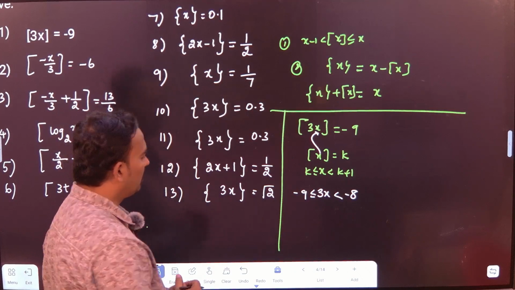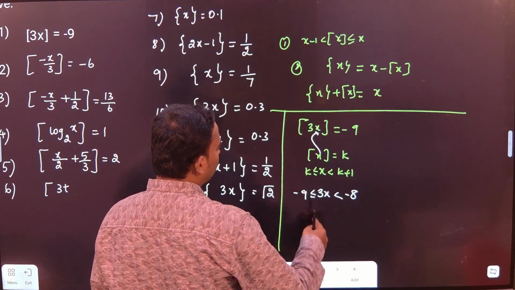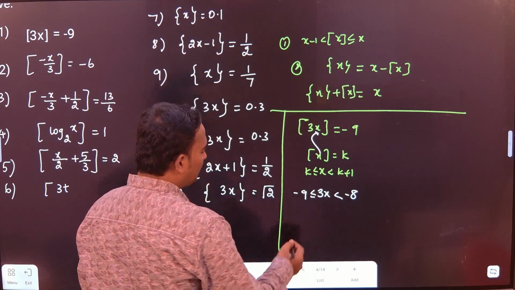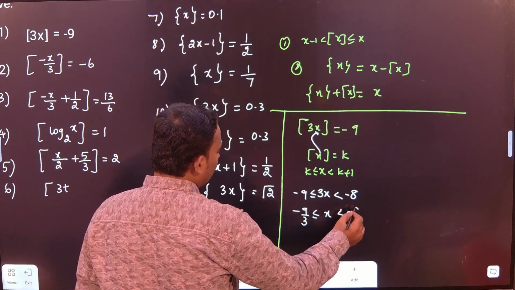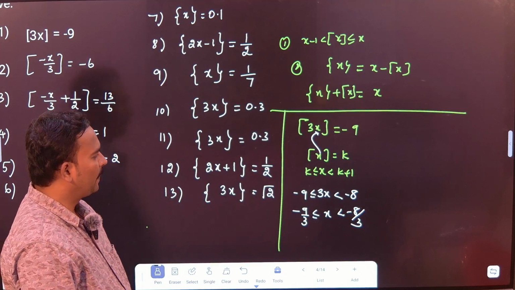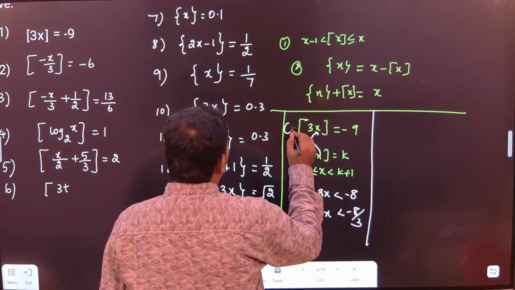Now you can divide by 3, since we need x. Minus 9 by 3 is less than or equal to x less than minus 8 by 3 is your answer. Clear?